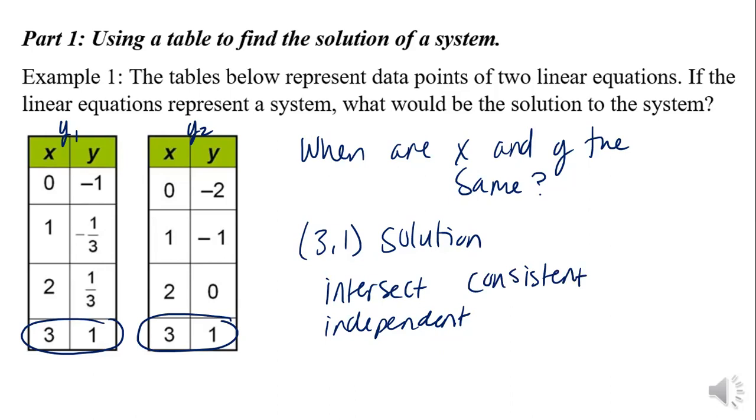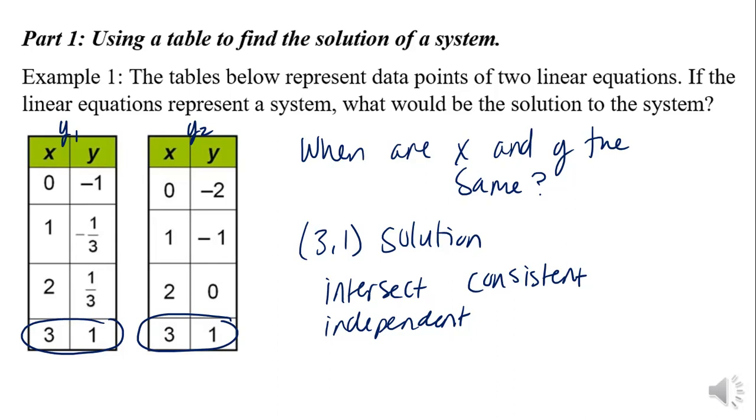If every single value was the same, then this would be consistent and dependent. Does that make sense? If they had nothing in common, then it is an inconsistent system based on what's given to us. Does that make sense? So we only can go based off what it says, because it says using the table, and that's all we can do.